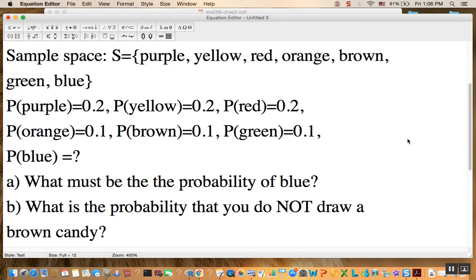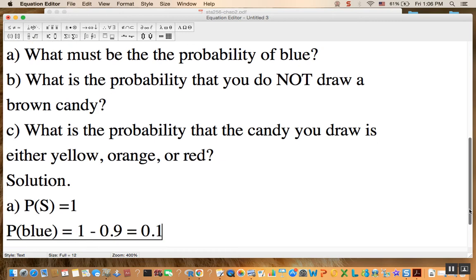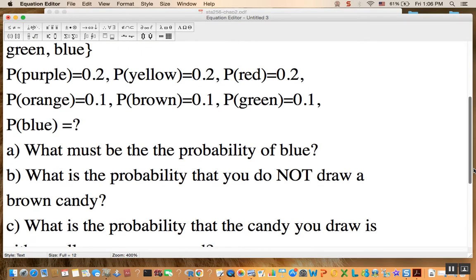Okay? So if we use our fancy notation and we denote brown with, let me see, 1, 2, 3, 4, 5.